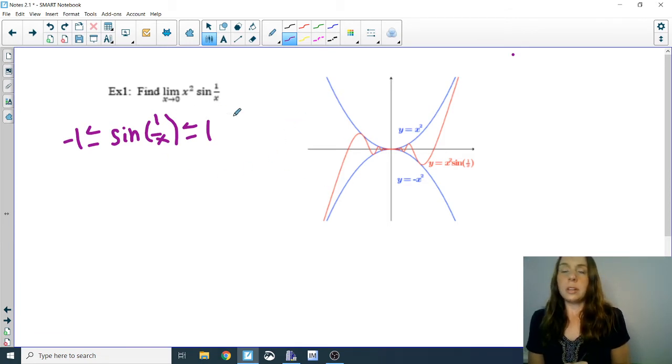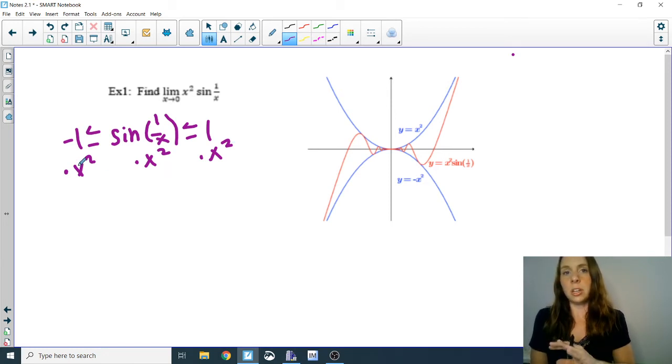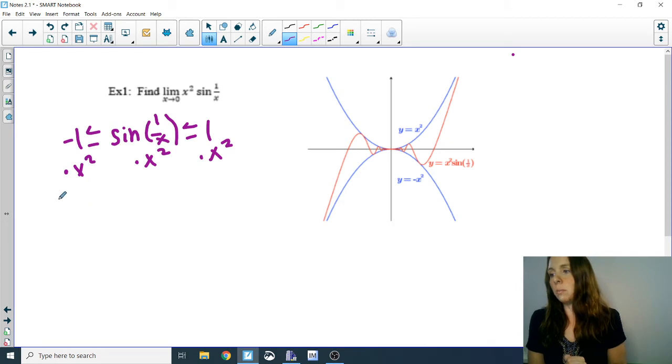Now we do need a little bit more, right? We have the function x squared sine of 1 over x. So what we really want here in the middle is x squared sine of 1 over x, and that means we need to multiply each part of this compound inequality by x squared. Now, good news about multiplying by x squared, that is always a positive value, so that does not change the direction of the inequality symbols.